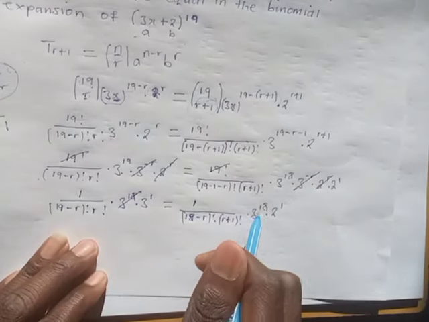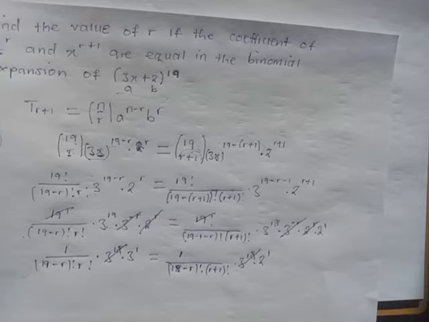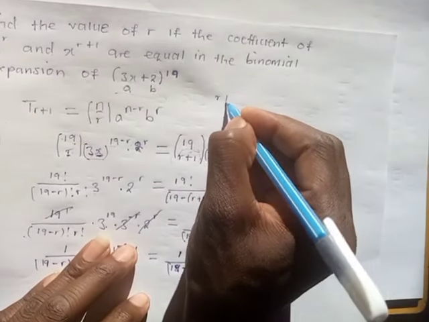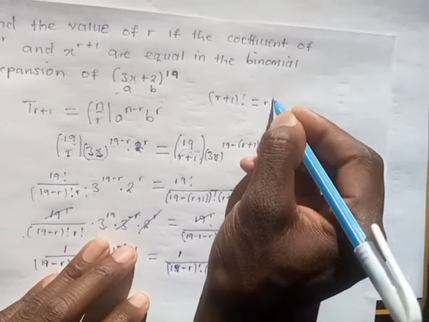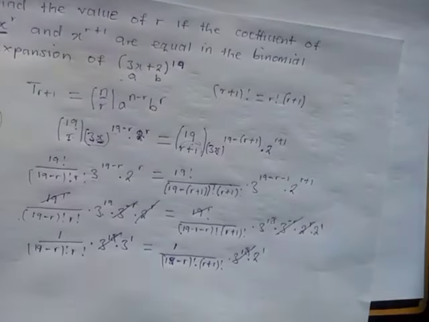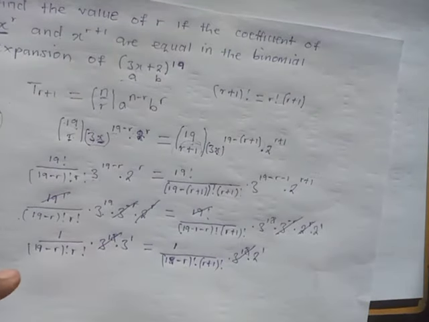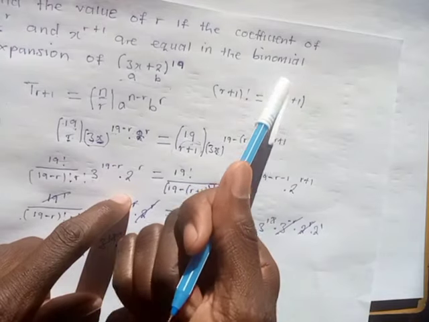This and that can go. Do you remember on the previous question that I solved, I explained something. If you have r plus 1 factorial, this is just one and the same as writing it like this. Hope you are able to recall this. Meaning that wherever you have this, you can reduce it, you can write it like that.